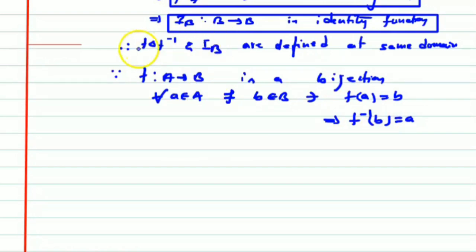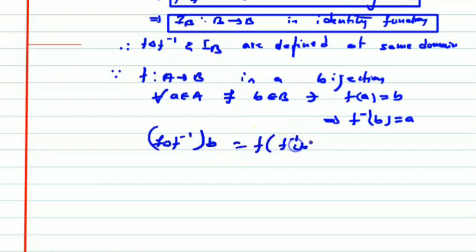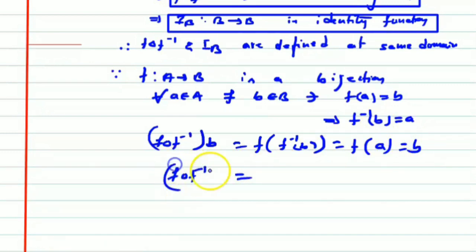Now let us consider F circle F inverse of b, which is nothing but F of F inverse of b. F inverse of b is a, and F of a is b. So F circle F inverse of b is nothing but IB of b.